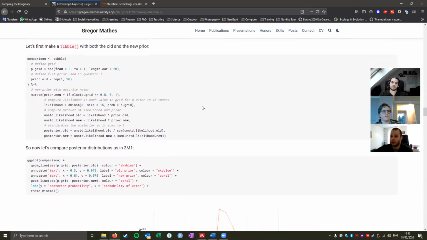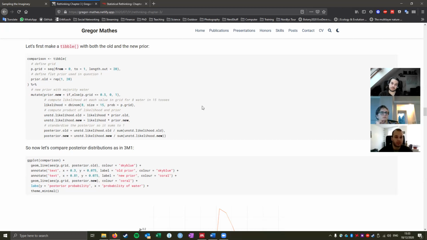So we define our grid as well, and just to have it in there as well, we define the old prior, which was a flat prior of just 1 repeated 20 times. And then we add a new prior, prior new, which is 0 for all values below 0.5 and 1 for all values above 0.5.